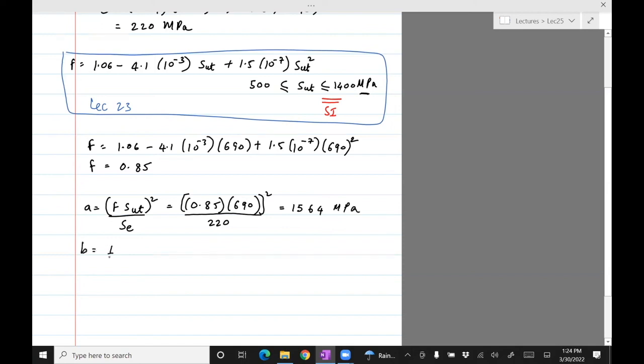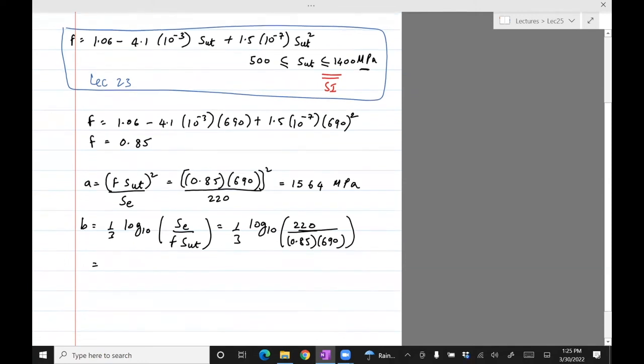And then B is a third log to the base 10 of SE divided by F SUT, which is 1/3 log to the base 10 of 220 over 0.85 times 690. So B is minus 0.142.